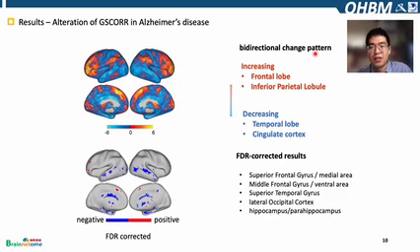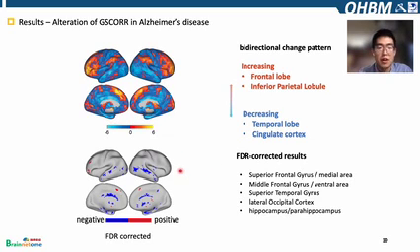Next is the alteration of GSLR. There is a bidirectional change pattern in AD. The increased areas were mainly located in the frontal lobe and the inferior parietal lobule. The decreased areas were mainly involved in the temporal lobe and the cingulate cortex.